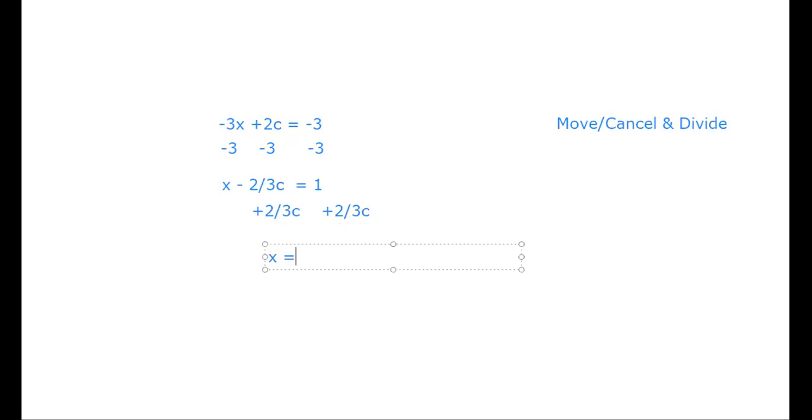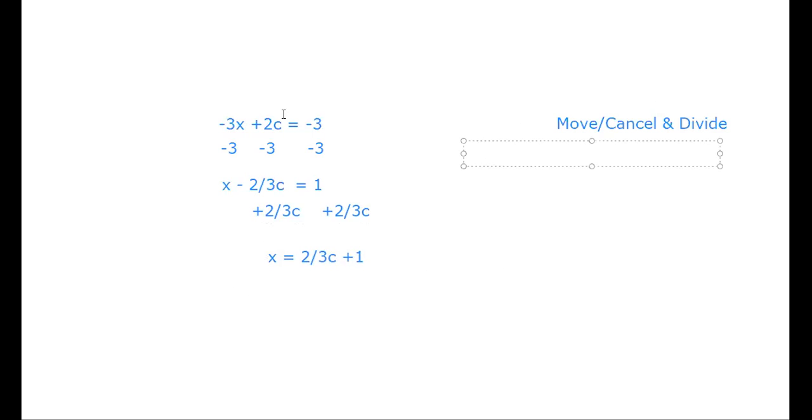The only thing that's different here than what I would have done is the order, because now I have to add 2/3 C to both sides. No big deal. Now you see x is positive 2/3 C plus 1. What Jonathan suggested was do the division first, and it works just fine. It's the great thing about math. There's always more than one way to solve these problems, and it really comes down to what you prefer, what you see.